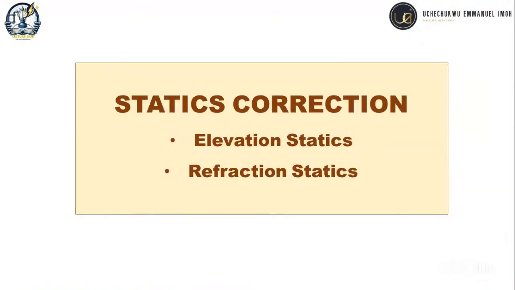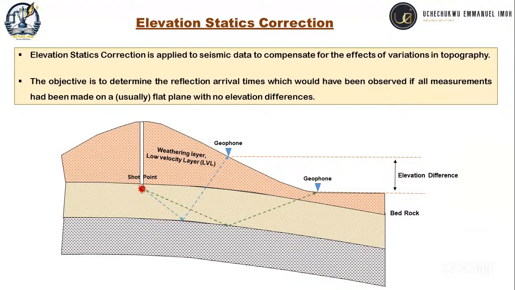The next thing I told you was about statics correction. I told you there are two types of statics errors in the data: elevation statics and refraction statics. The elevation statics comes because there are differences in elevation of the geophones or the receivers, especially on land.